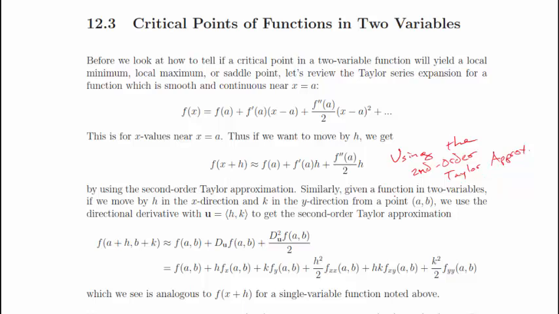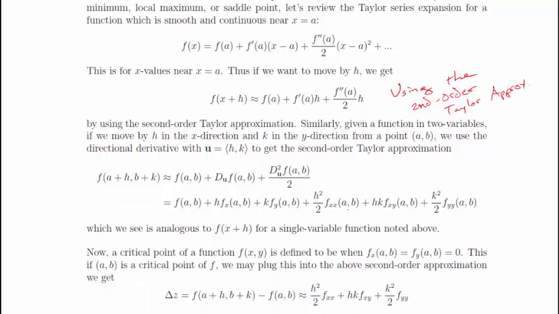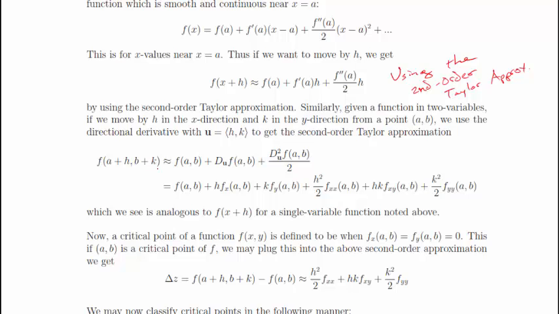So similarly, given a function in two variables, if we move by h in the x direction and k in the y direction from point a comma b, we use the directional derivative with the vector u equals h comma k, to get the second order Taylor approximation. F of a plus h comma b plus k is approximately f of a comma b plus the directional derivative in the direction of the vector u of f of a comma b, being my initial point, a, b, plus the second directional derivative in the direction of u of f of a comma b over 2.